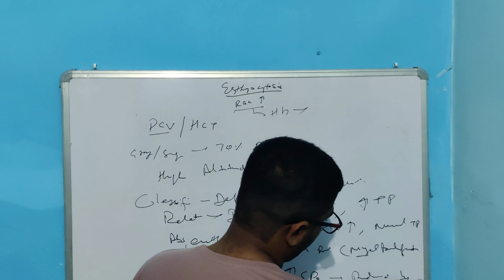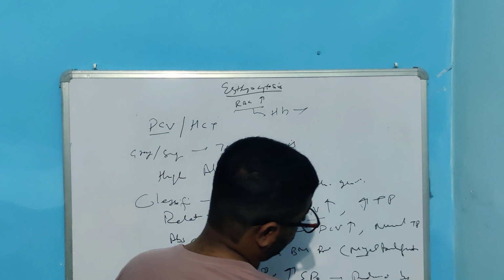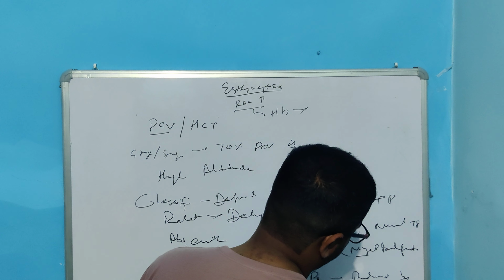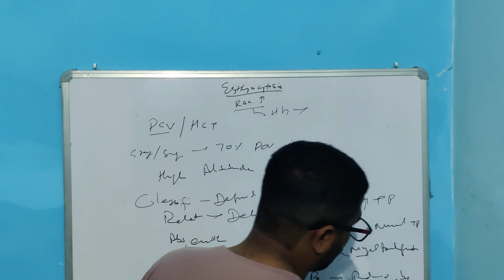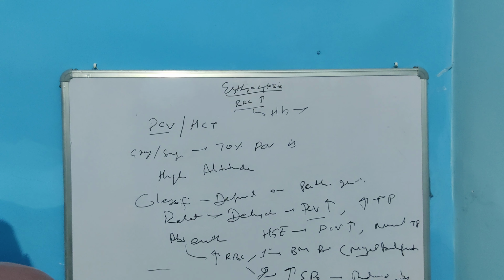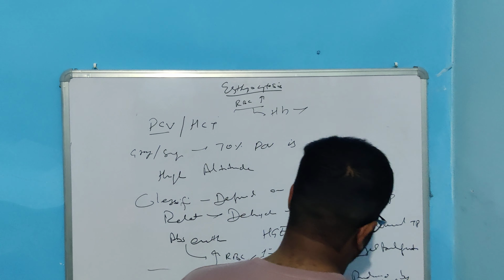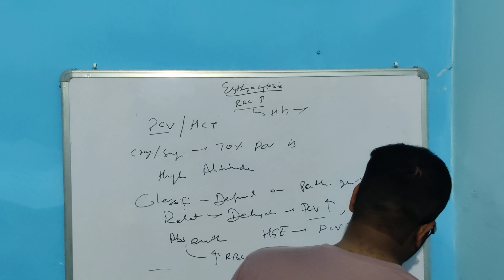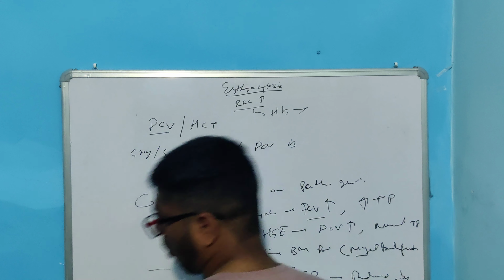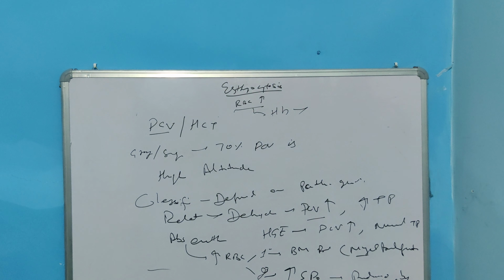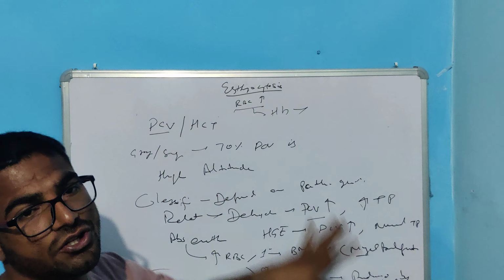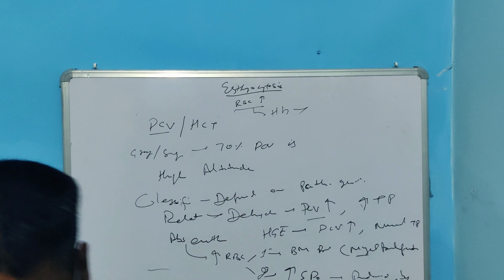When it is produced by the kidney, it is called orthotopic erythrocytosis. When it is produced by other tumor cells or tumors, it is called heterotopic erythrocytosis. So this was the definition and classification of erythrocytosis.